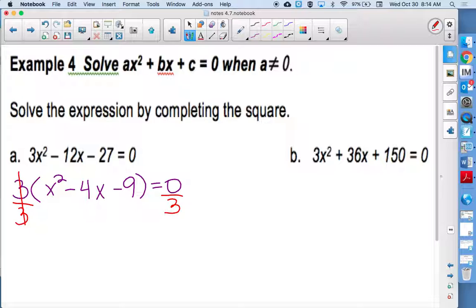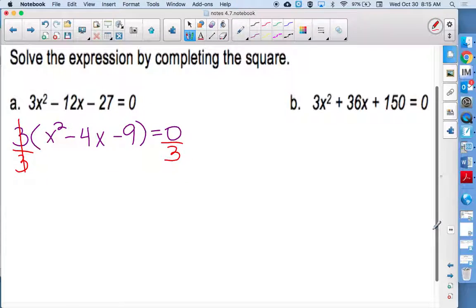Because I'm solving and my goal is to get x by itself, I'm going to divide both sides by 3 to get rid of that number. So, Peter, 0 divided by 3 is still 0. So essentially, we can just take the whole problem and divide by 3 and get rid of it. As long as we're doing the same thing to both sides, there's a 0 on the other side. 0 divided by 3 is still 0.